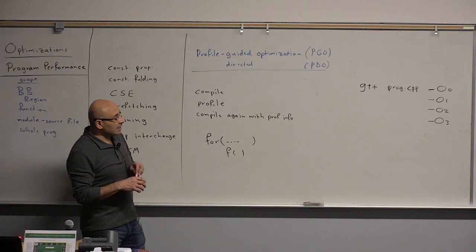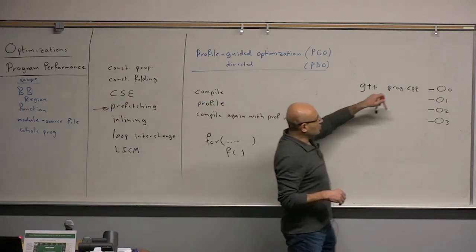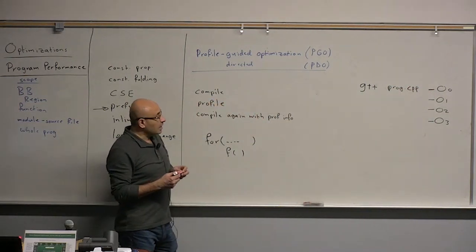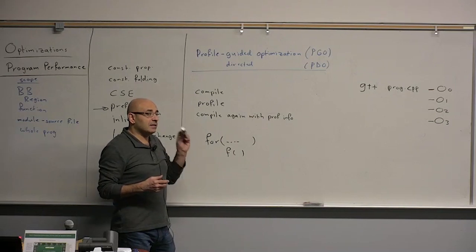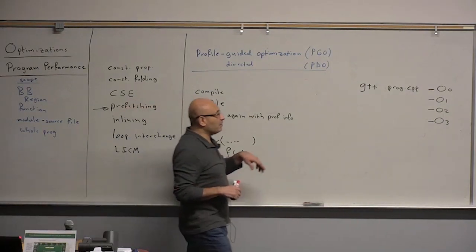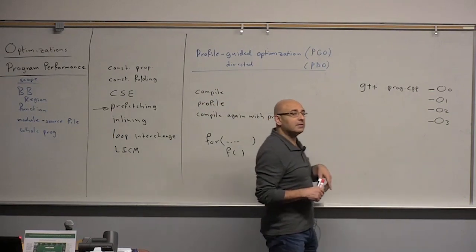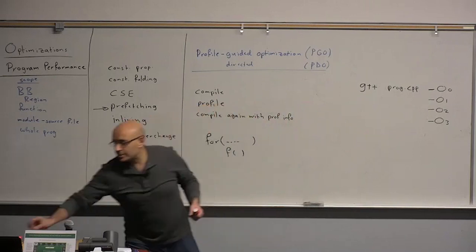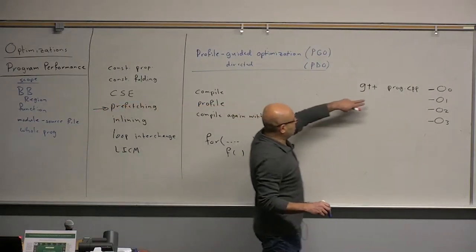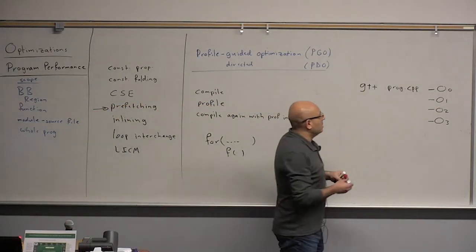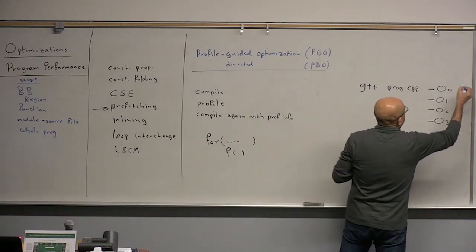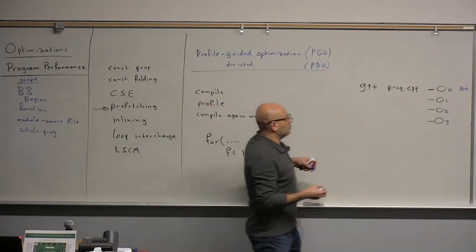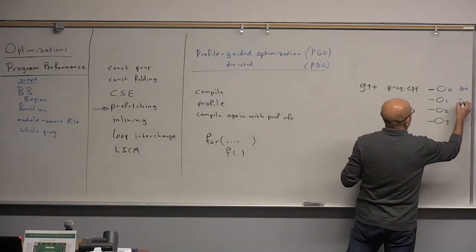And like I said last time, if you try these on a program, you compile them and then you run them, you will see the biggest increase in speed when you go from -O0 to -O1. Because suppose we put some numbers, if you compile with -O0 and run it, and it takes 100 seconds, then when you go to -O1, you expect that to drop to 30 or 40.